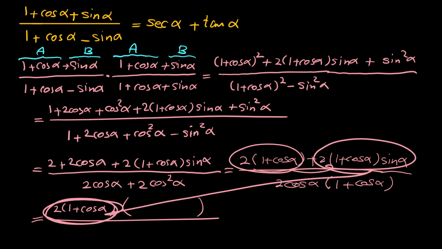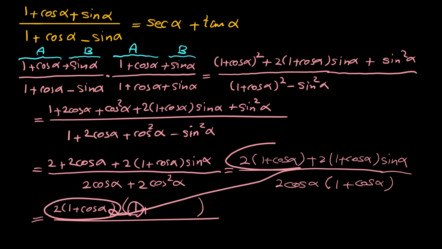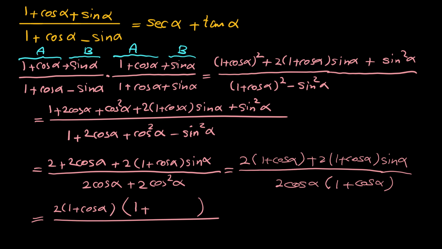By factoring this, what remains from the first term? If we factor that from the first term, everything from the first term is gone, and so we have to write a 1 here. 1 times this would be exactly this. What remains from the second term? From the second term we have a sine alpha, so plus sine alpha. And in the denominator we have 2 cosine alpha times 1 plus cosine alpha.